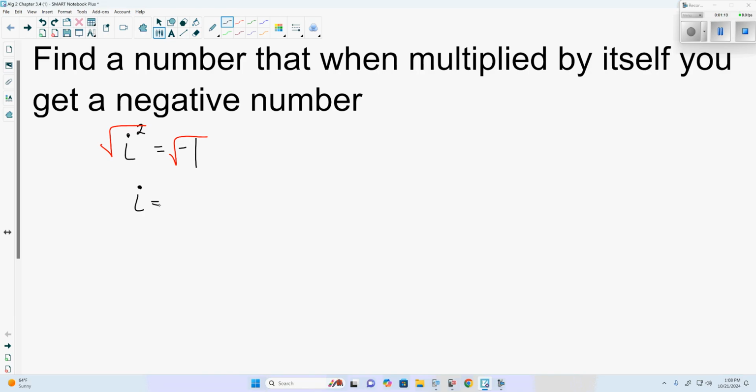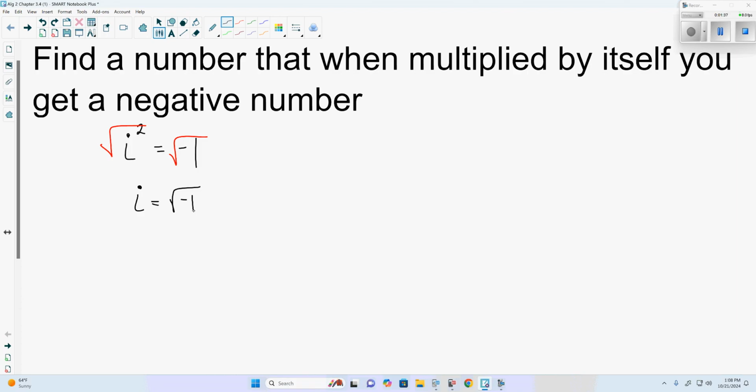So i is the square root of negative 1. So if we multiplied the square root of negative 1 by itself, we would indeed get a negative number. And interestingly enough, by definition, i is the square root of negative 1.